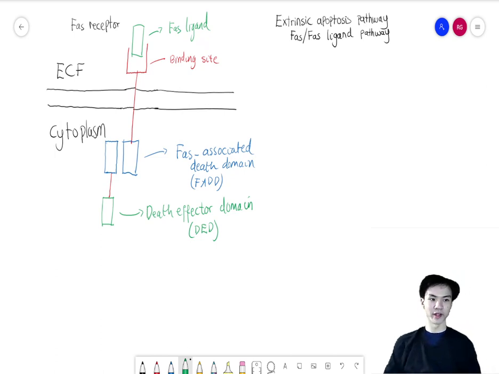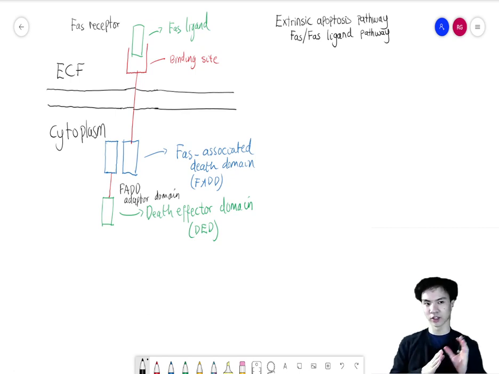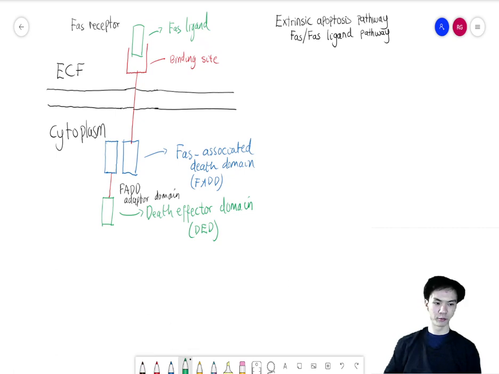Death effector domain, dead. And this whole thing will be called your FADD adapter protein. Just like how an adapter to a mains plug, maybe you can connect your UK plug to your EU socket, it allows the connection of two different proteins.